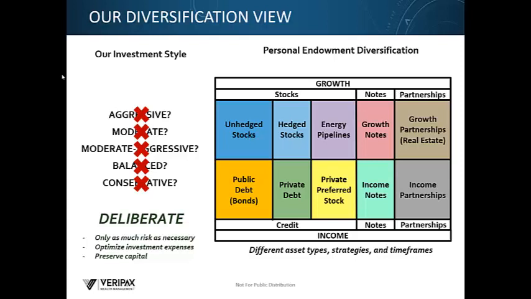We think of it more as cost optimization. Where are we going to spend our investment expenses so that we get the most bang for the buck? And then ultimately we want to preserve capital through all of this. Probably the worst thing when trying to meet a goal is to end up going backwards. And so we want to minimize the chances of moving backwards and always be making forward progress to goals.